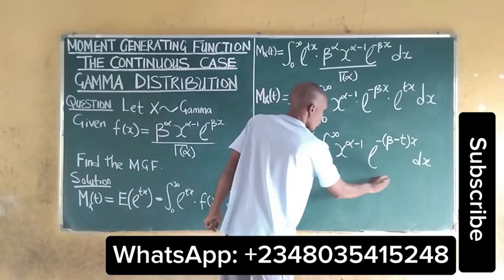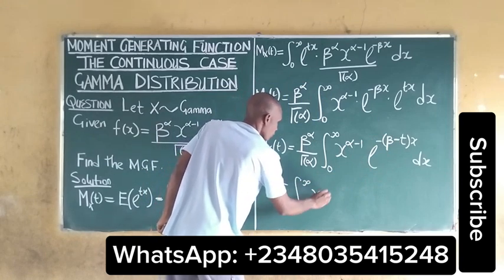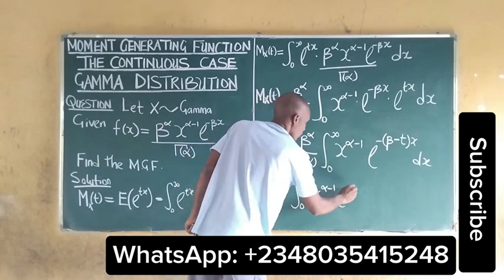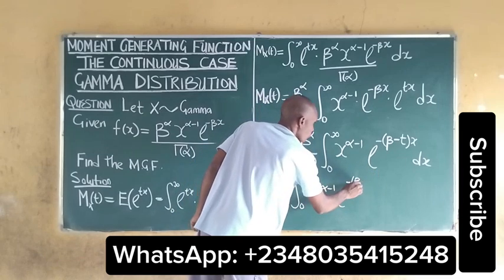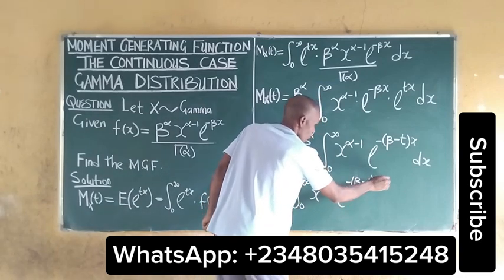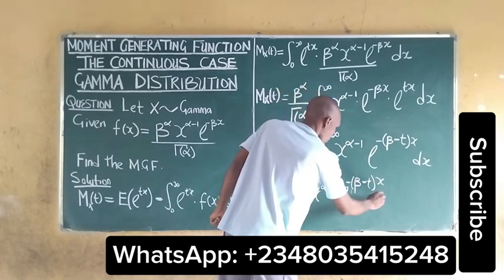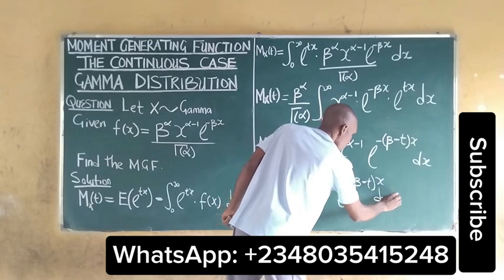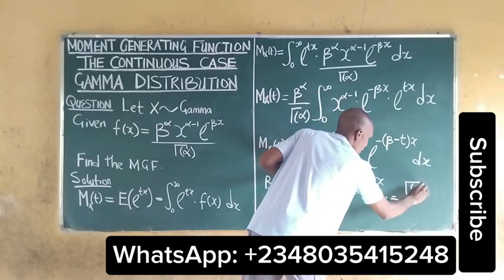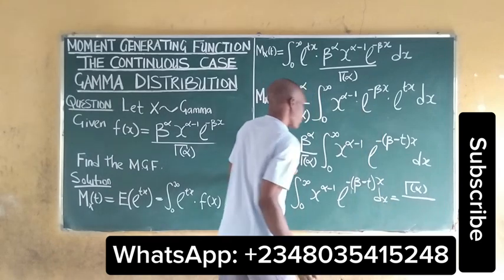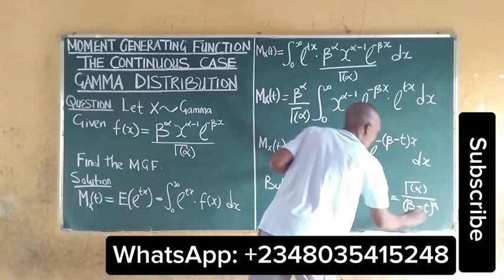But we know that the whole of this integral is equal to our gamma function of alpha all over beta minus t to the alpha.